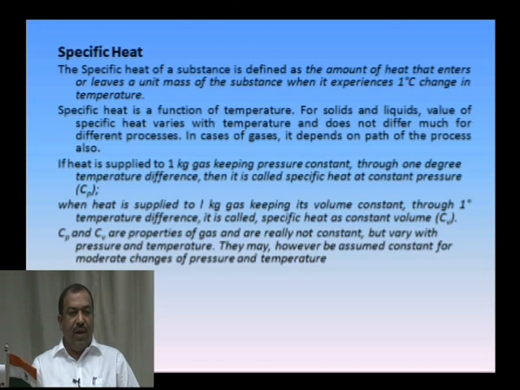When heat is supplied to 1 kg gas keeping the volume constant through 1 degree temperature difference, it is called specific heat at constant volume, Cv. Cp and Cv are properties of the gas and are really not constant, but vary with pressure and temperature. They may, however, be assumed constant for moderate changes of pressure and temperature.